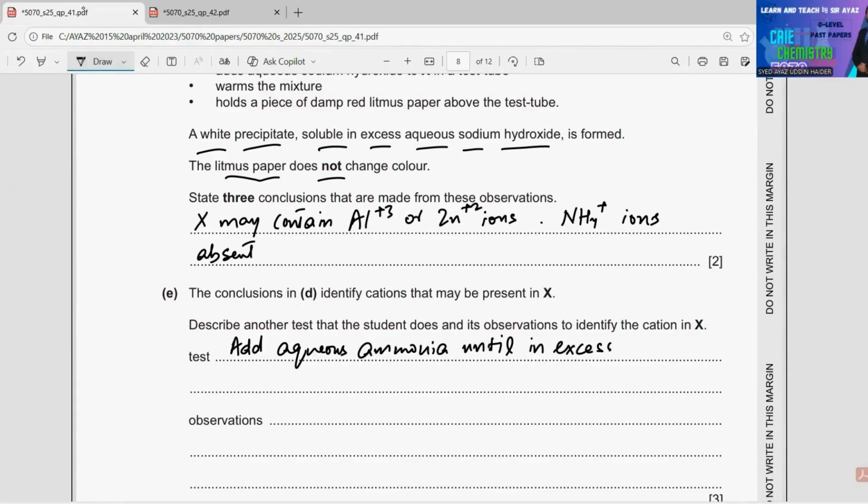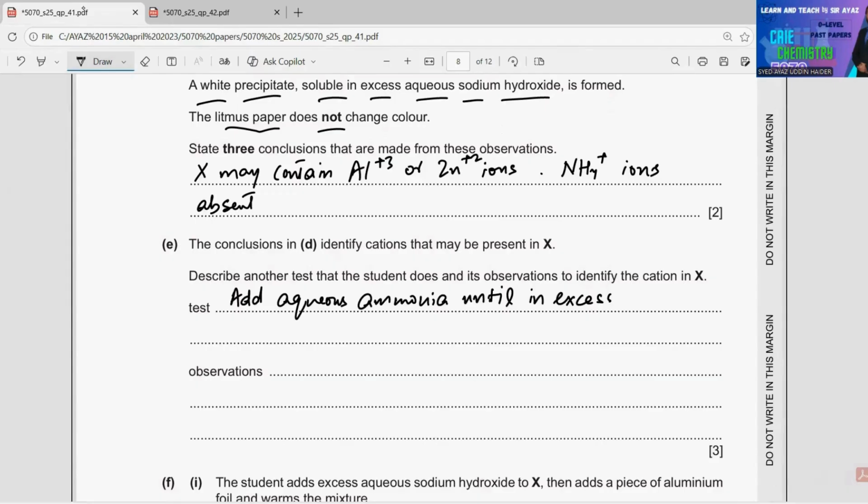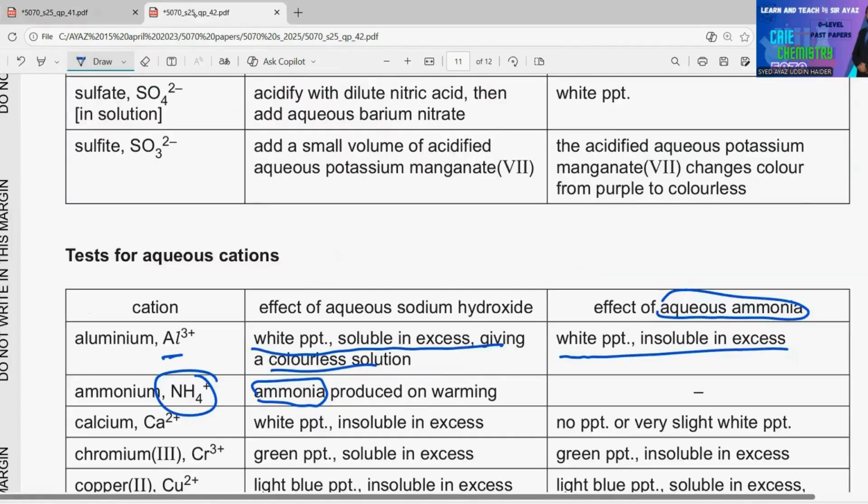For the observation, mention the observation for both aluminum and zinc ions. For Al3+, a white precipitate forms, and you have to write further, insoluble in excess. I will show it to you again. If you look at the list, for aluminum it's insoluble in excess.